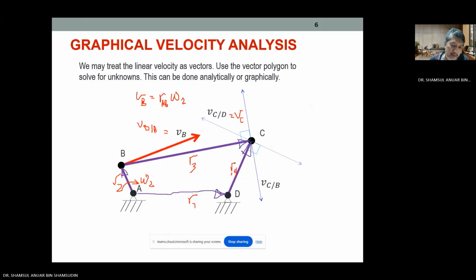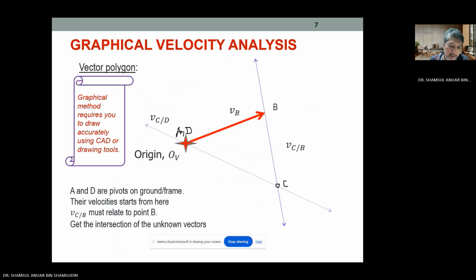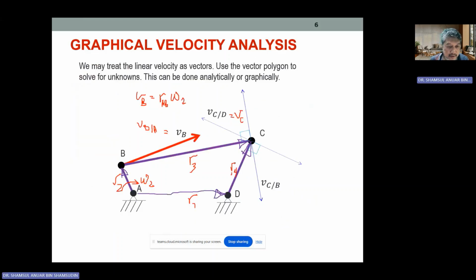If we know R2 and omega 2, we can calculate VB. The other velocities are unknown, so we need to be able to solve these two unknown velocities, which are VC and also VCB.